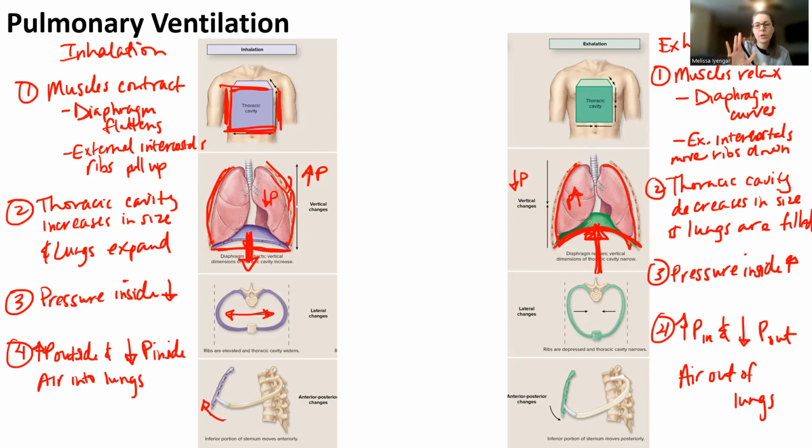Like when you push on the plunger, air is going to go out of the lungs. So this is normal pulmonary ventilation. Okay, normal inhale, normal exhale, normal inhale, normal exhale. Okay. So let's then think about what's going to happen to volume changes and a couple different things. All right.